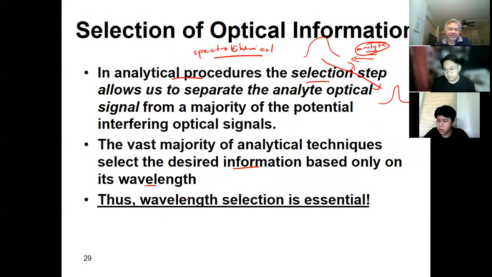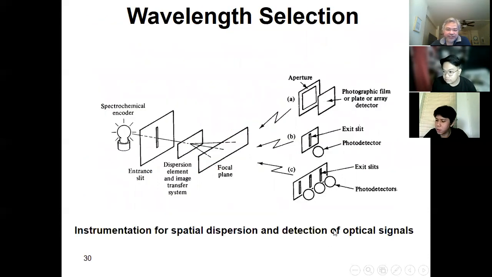Thus, the selection of wavelength is very important, and this is true in all spectrochemical methods.